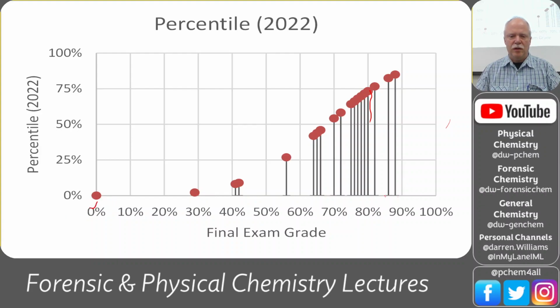Okay, so every 5% we did a bin. And then the 60 would be these 5 right here. We would have a bin or a frequency of 2 there.